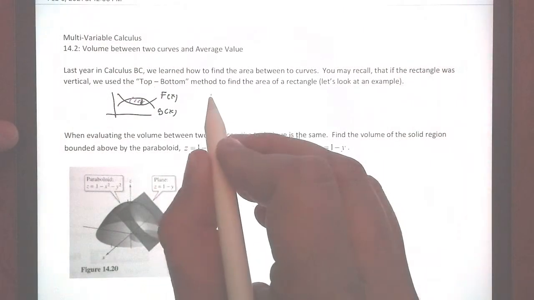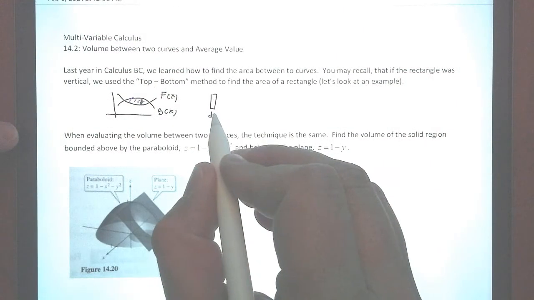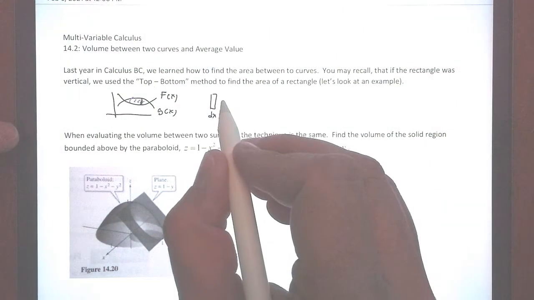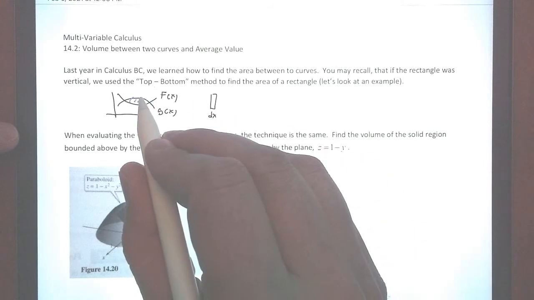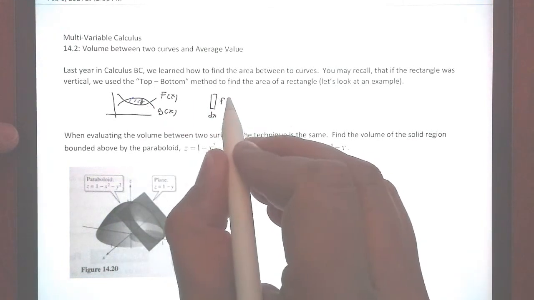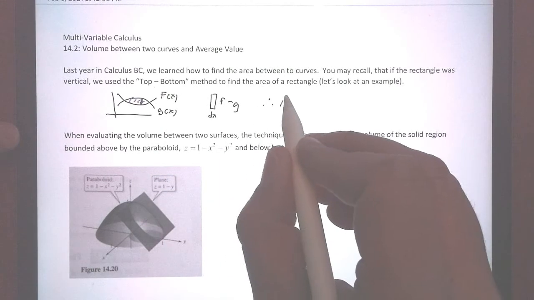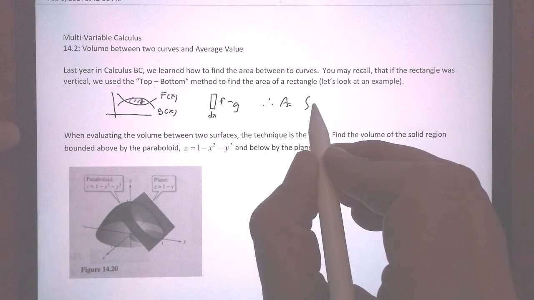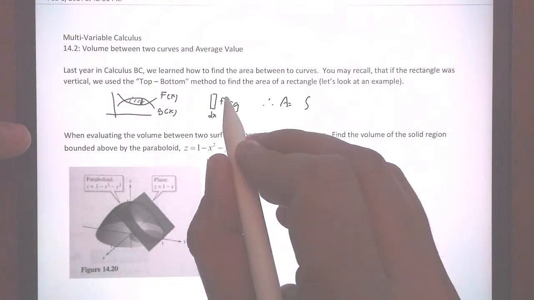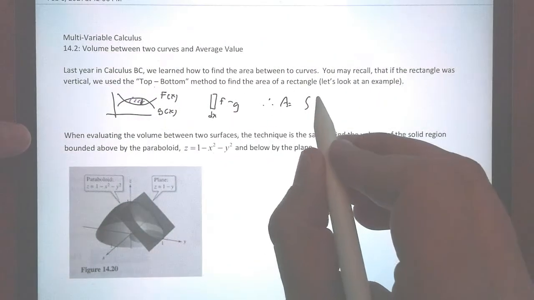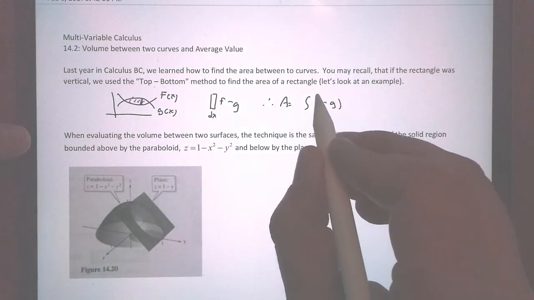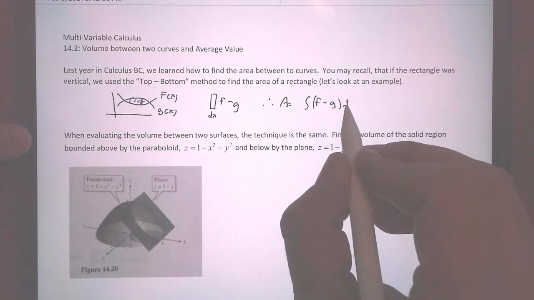If I blow up that vertical rectangle, we'll call it dx, I can get the height of this rectangle by taking the top function f of x minus the bottom function g of x. And therefore, my area would be the area of the rectangle, the length, which is f minus g, times the base of the rectangle, dx.